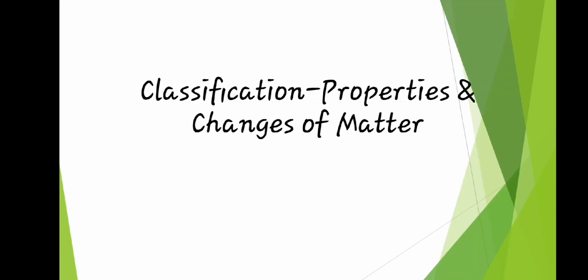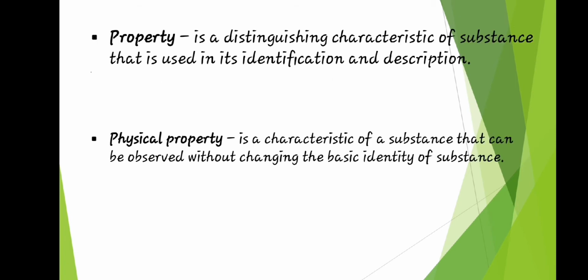So today, our focus would be the classification of the properties and the changes of matter. With that, let's first define what a property is. Property is a distinguishing characteristic of a substance that is used in its identification and description. To be more specific, when we say property, it is a trait that can be used to describe matter by means of observation, measurement, or combination.